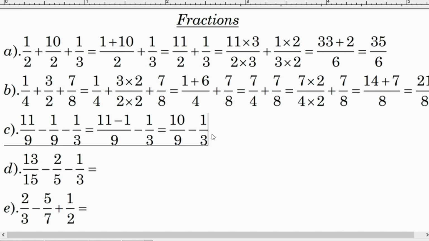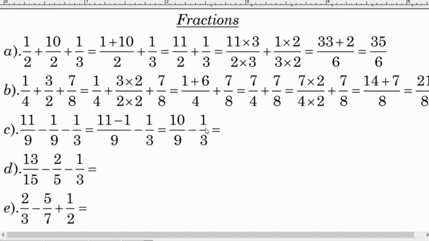1/3. Alright, so now we have to find the same denominator, right? So we have 9 and 3 for the denominator, but the same denominator for these two fractions must be 9. Because we can take 3 multiplied by 3, that will be equal to 9.